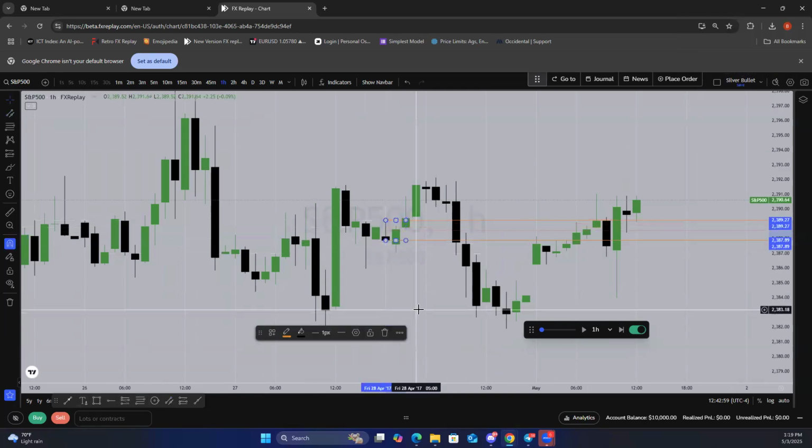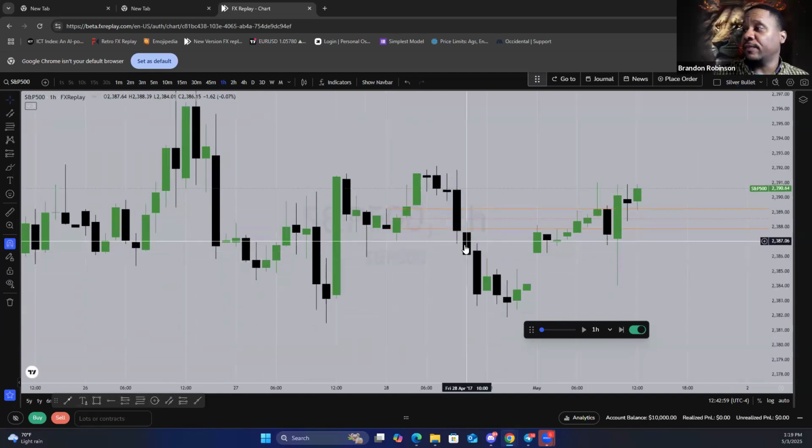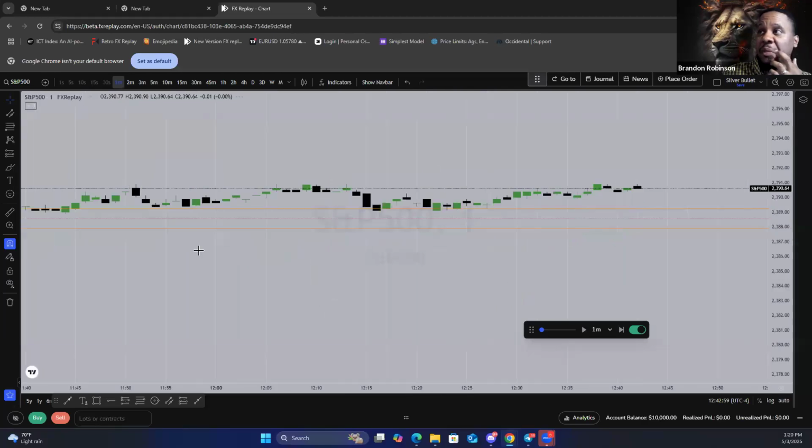Clear as day, that second bearish candle, wick right off of it. Right here. And then we wicked right off of, is this New York? Yep, this is New York session. So look, we got New York session, and then this is overnight trading. We came down here, the 10 o'clock. If you're on a 1 minute time frame right here, as a matter of fact, I like FX Replay because it'll let you go down to the 1 minute time frame.